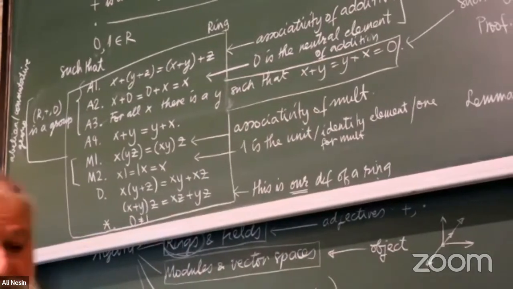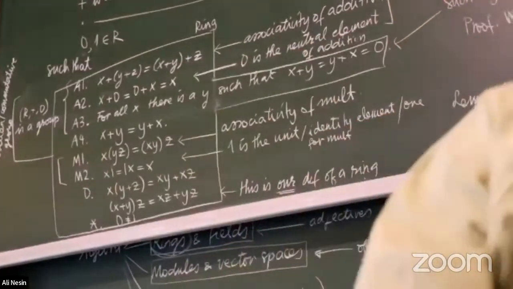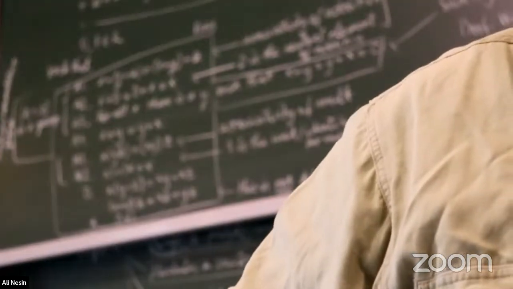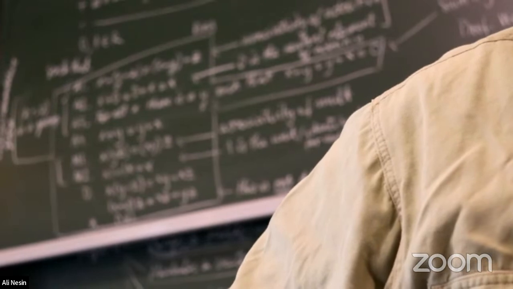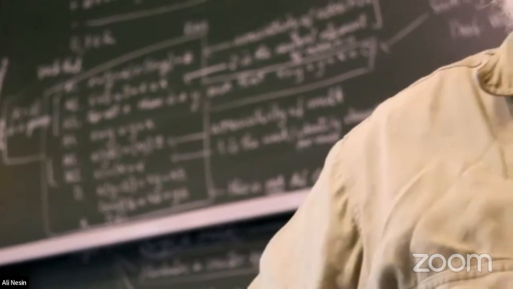Any questions? You can ask your questions orally. Someone said, I had a really hard time proving the distributive property of multiplication in your analysis one book. Analysis one book is something else.